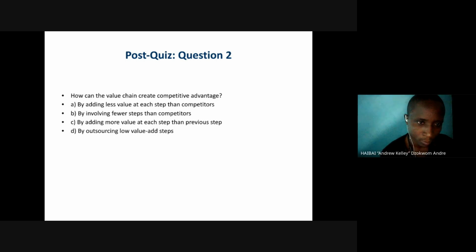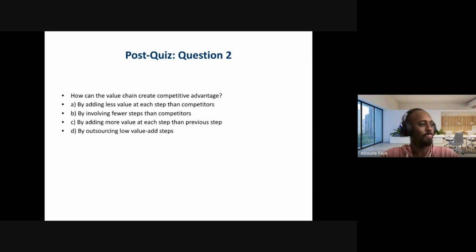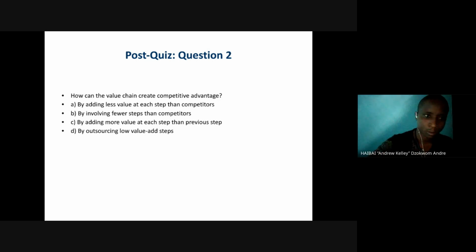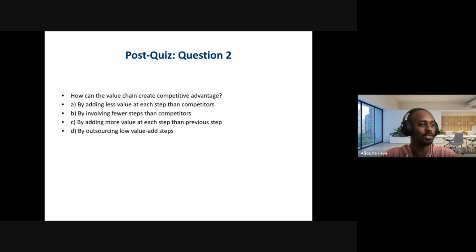How can the value chain create competitive advantage? A, by adding less value at each step than competitors, by involving fewer steps than competitors, by adding more value at each step than the previous step, by outsourcing low value-add steps.